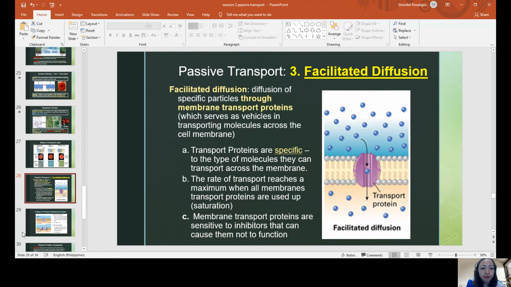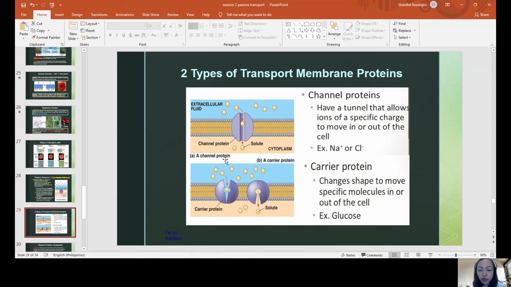So when we say facilitated diffusion, we have these proteins, either transport proteins, which are very specific to the type of molecules they will allow to get in, and there are also non-specific ones. So first, let's go to facilitated diffusion that is specific.